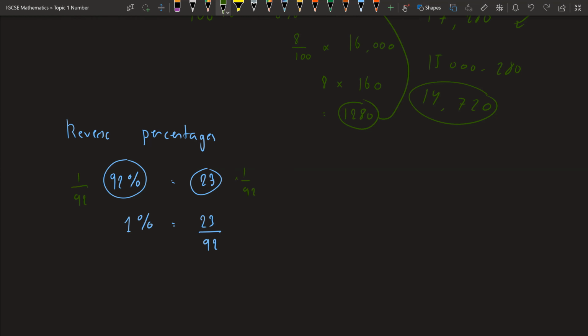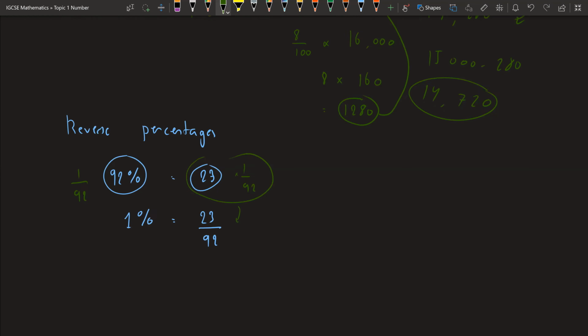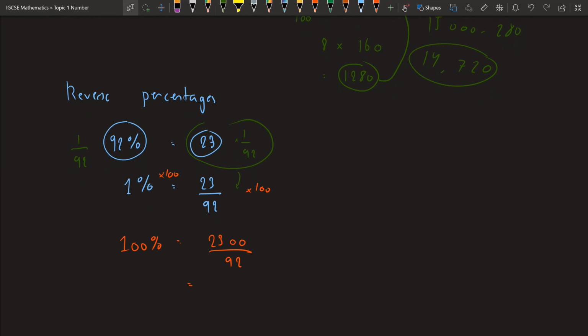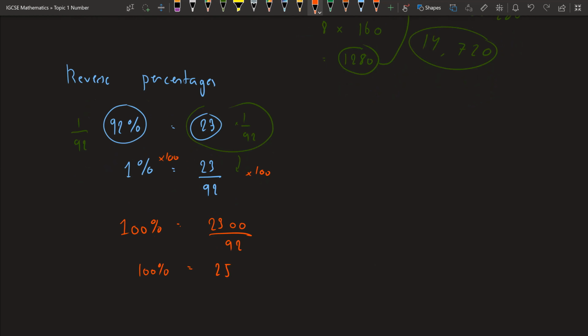Now we just have to find 100%, and we could times both sides by 100. This becomes 100% is equal to 2,300 over 92, and that is equal to 25. So 100% is equal to 25.